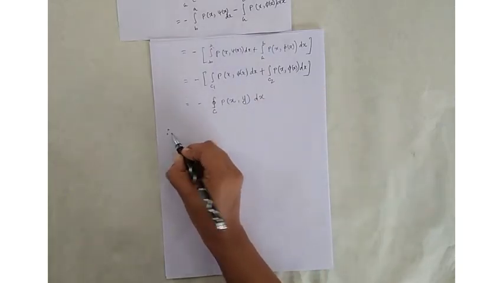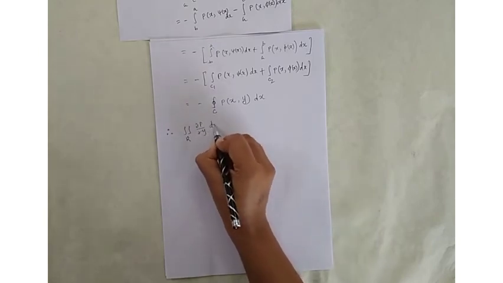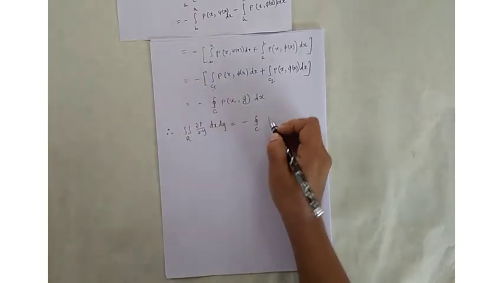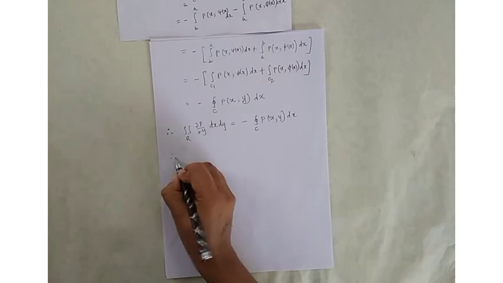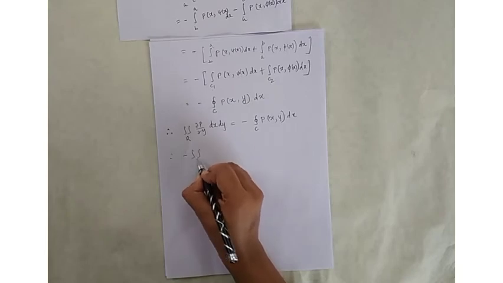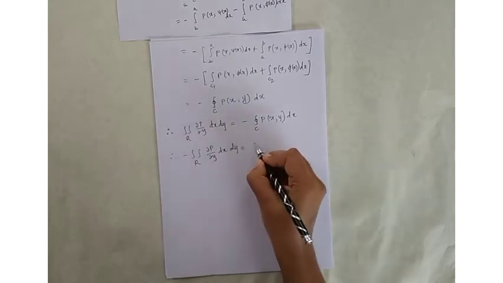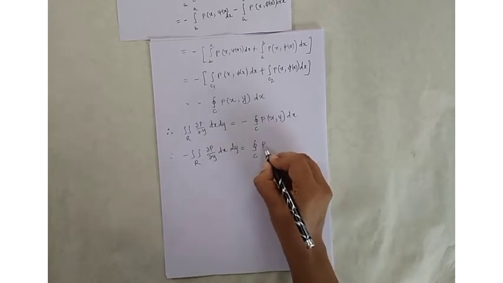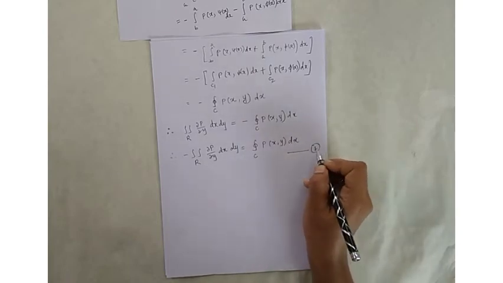So finally the double integration over the region R of ∂P/∂y dx dy is equal to minus the integral over the closed smooth curve C of P(x, y) dx. Equivalently, minus the double integration over the region R of ∂P/∂y dx dy is equal to the integration on the smooth closed curve C of P(x, y) dx. Call this equation number 1.